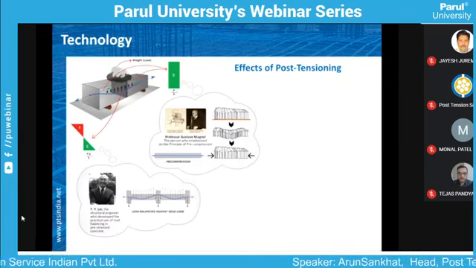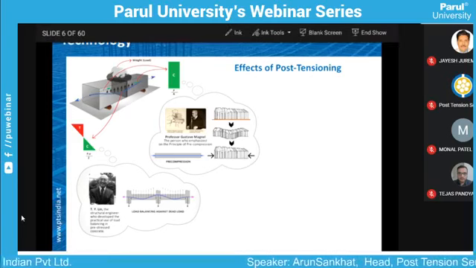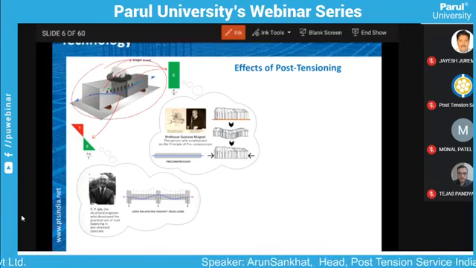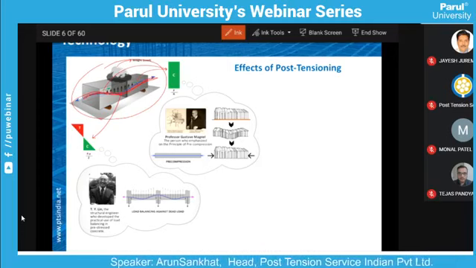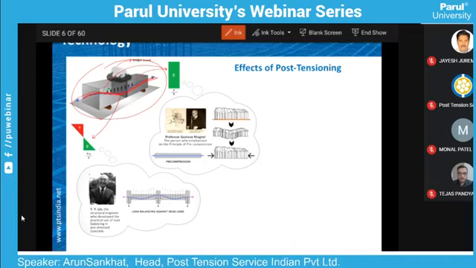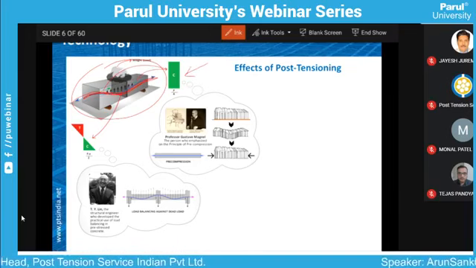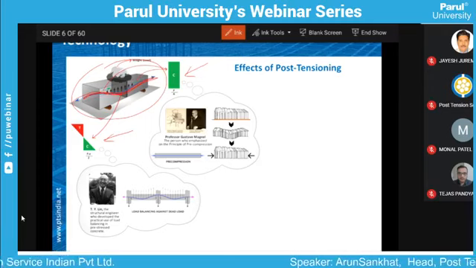here that there is a beam, and that beam is having a cable inside. This is a cable, blue color cable, right? The cable is having a particular profile. So it induces both actions. One is known as pre-compression action, the other is known as weight balancing action.